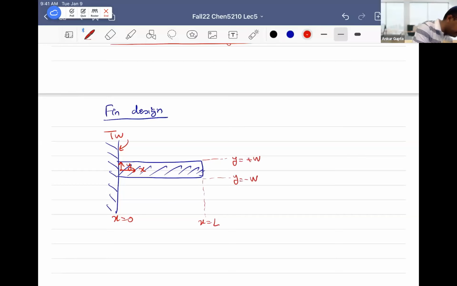And as we discussed, there is air outside, with heat transfer coefficient h. We haven't defined it yet, so don't worry about what this heat transfer coefficient is. We discussed that. And this is the temperature far away.